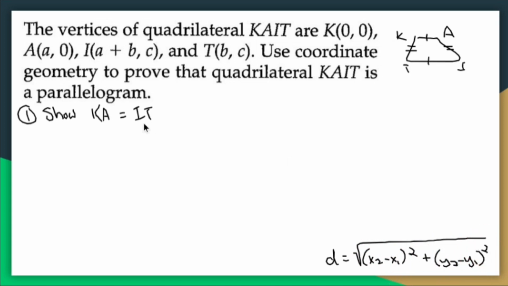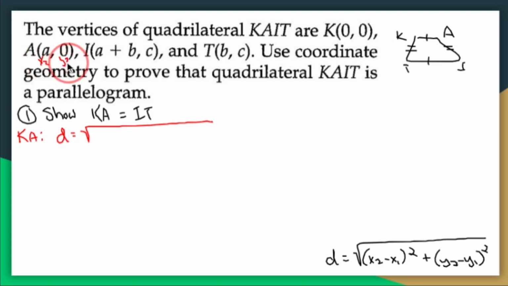All right, so if I were looking at KA, we'll do this all in separate parts. KA, I would say that the distance equals, let's let A be x sub 2, y sub 2, and let's let K be x sub 1, y sub 1. In fact, I'll write that out just once.